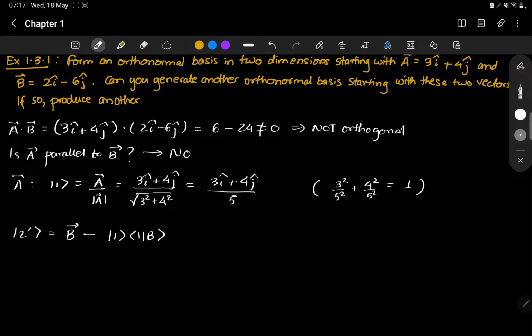So how do we do that? Take the second vector. Second vector is 2 i cap minus 6 j cap, and then we need to subtract.